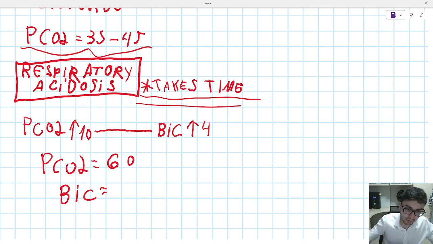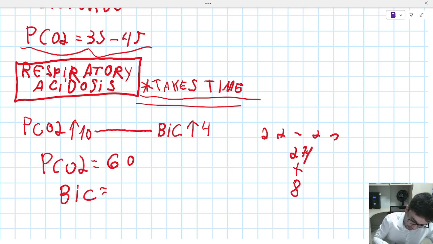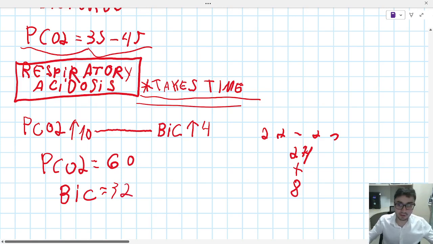The middle point of bicarb, if you remember, is 22 to 26, so it will be 24. We add 8 points here, so the value for bicarb will be 32 in this situation.